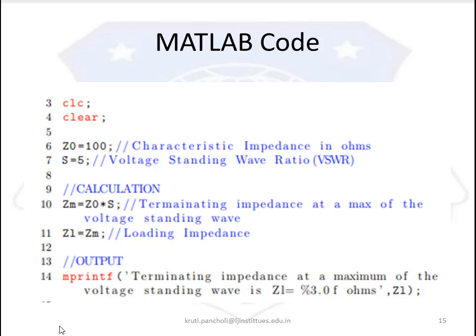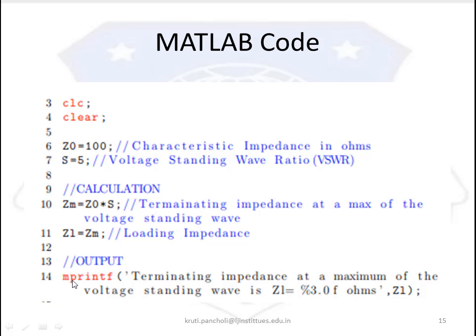The MATLAB code for this: Z0 is equal to 100, the characteristic impedance in ohm, S is equal to 5, the voltage standing wave ratio. Calculation: Zm is equal to Z0 multiplied by S. So Z1 is equal to Zm. Then we print the output.